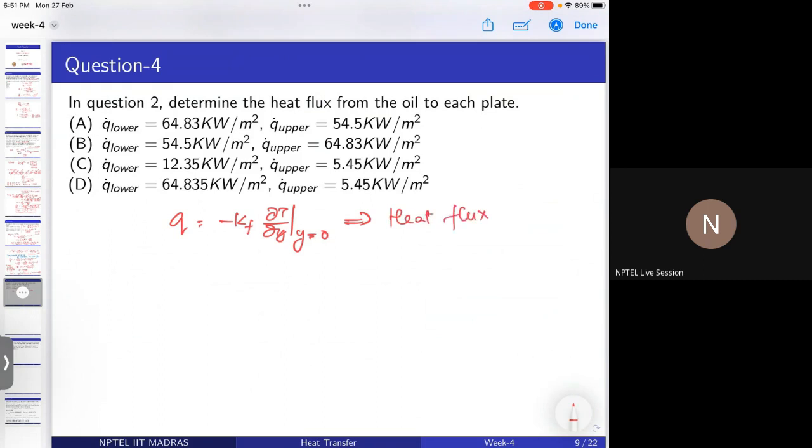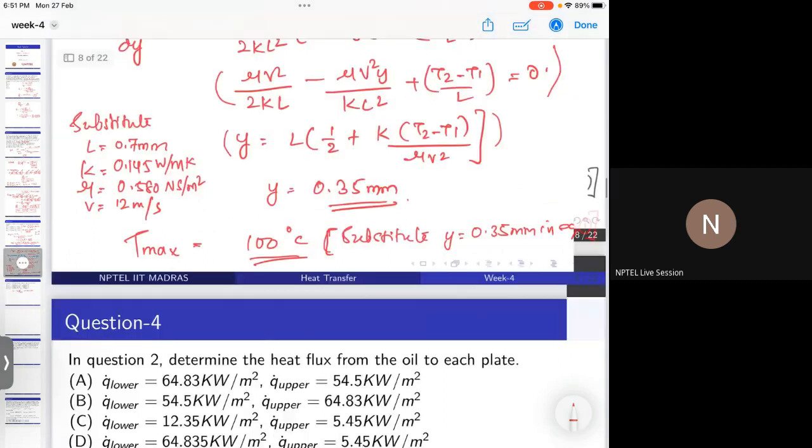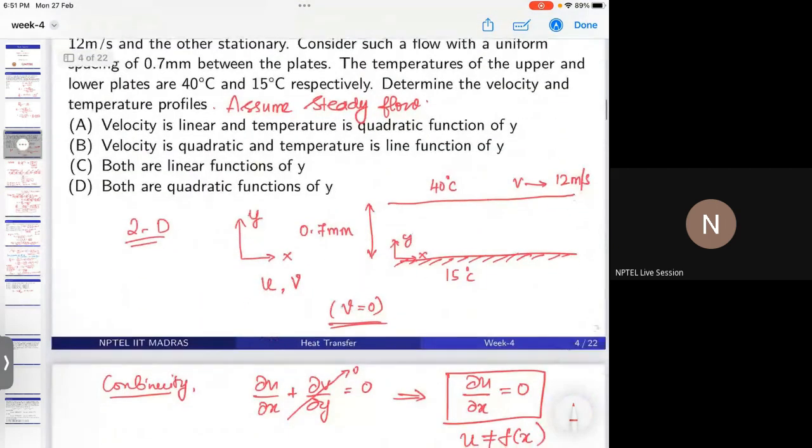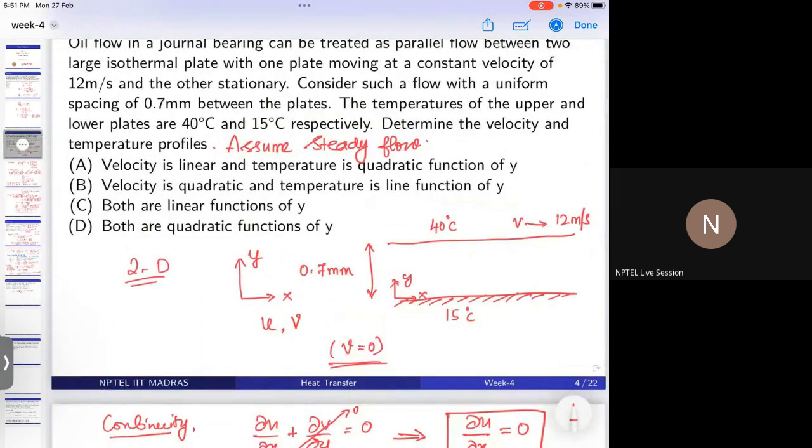What I am specifying is you can take your own sign convention, means you can take your own coordinate system. It is not necessary that you fix the origin at y equal to 0; you can fix it at the middle. But it's always preferred to fix the coordinate which is easy to simplify.